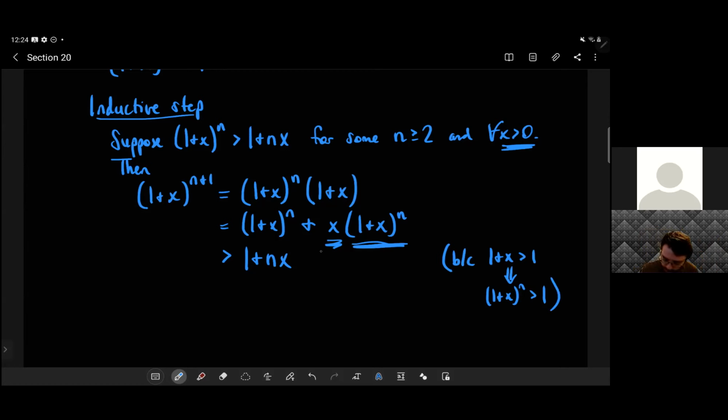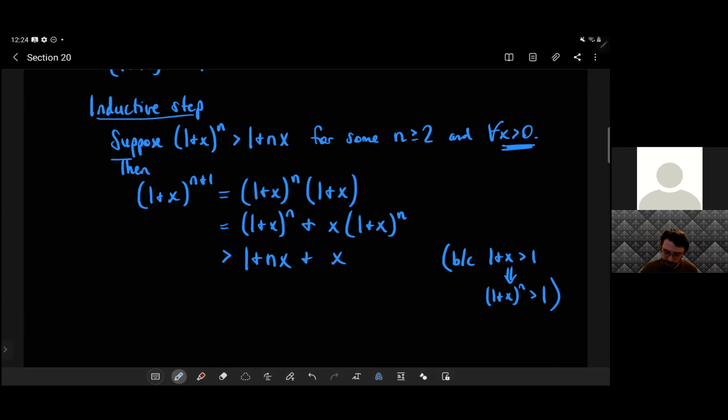So I'm free to just say this whole term is bigger than 1. This is x. So all in all, that's actually bigger than x. Right? x times something bigger than 1 is bigger than x.